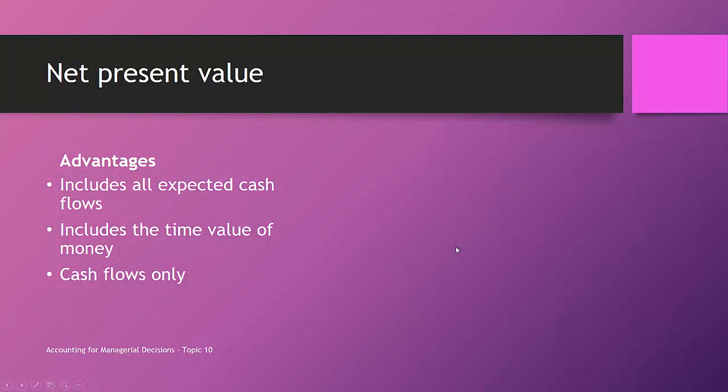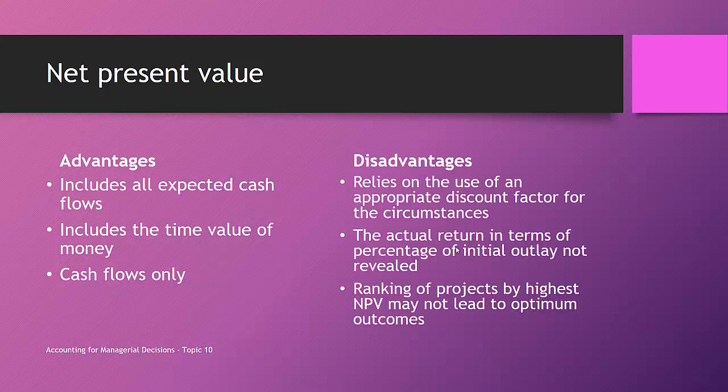So the advantages of the net present value method for doing things is it includes all the expected cash flows, it does include the time value of money, and does focus only on cash flows. In terms of disadvantages, it does rely on the use of an appropriate discount factor, and that's not always easy to figure out what that is. What the actual return is doesn't give you an idea of how big the return is on the outlay. You need to look at what the outlay is and get a sense of it.